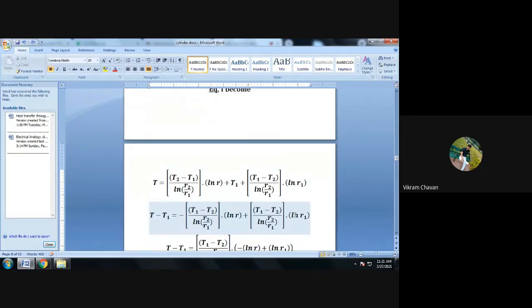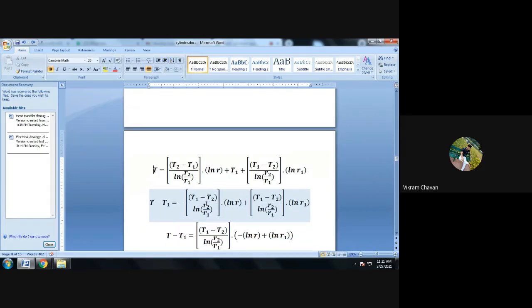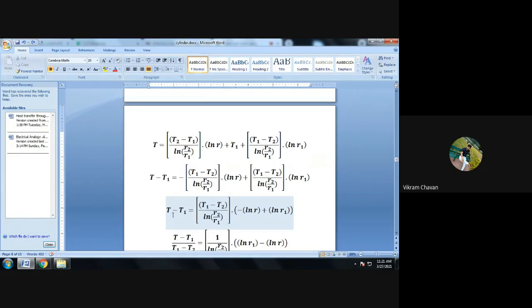Okay, getting everyone? Now the two terms have a common factor, (T1 minus T2) whole divided by ln of R2 divided by R1, so we can take it common out of a bracket. We get the equation as T minus T1 is equal to, in square bracket, (T1 minus T2) whole divided by ln of R2 divided by R1, square bracket complete.